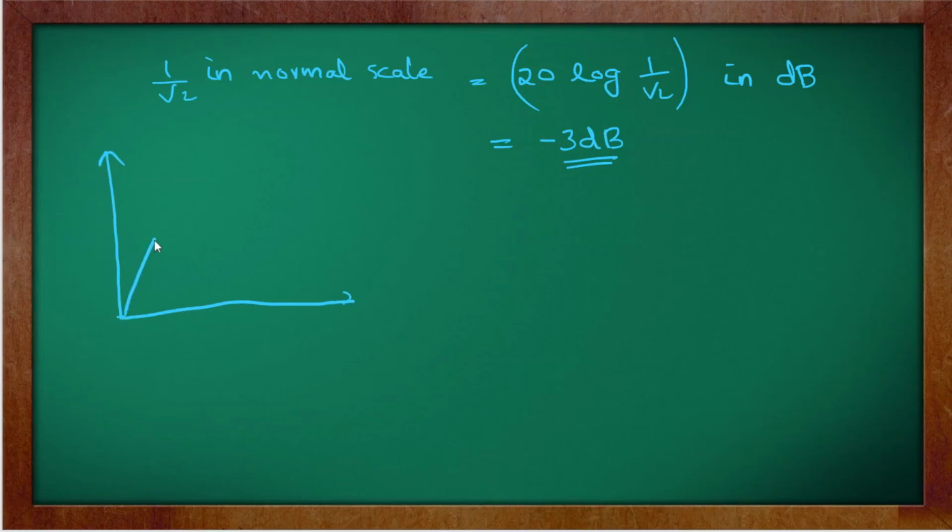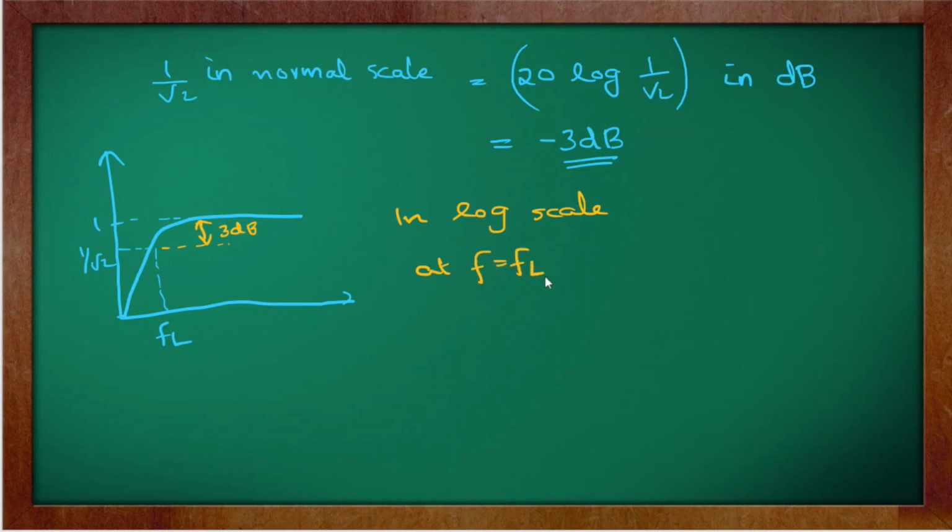So in the normal scale, at FL, if the maximum magnitude is 1, this is equal to 1 by root 2. In the dB scale, the same is equivalent to minus 3 dB. So in log scale, at f equal to FL, the output V0 is 3 dB below the maximum value.